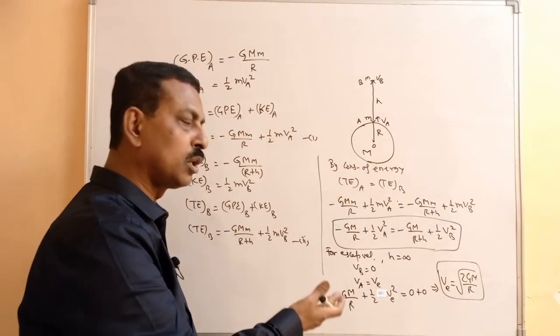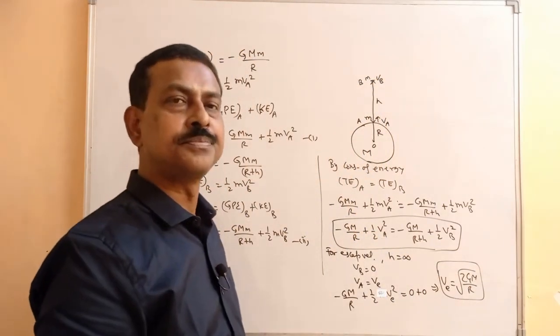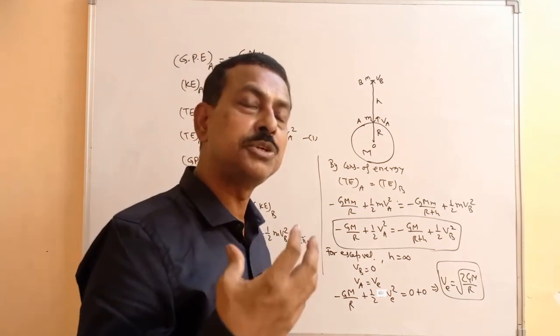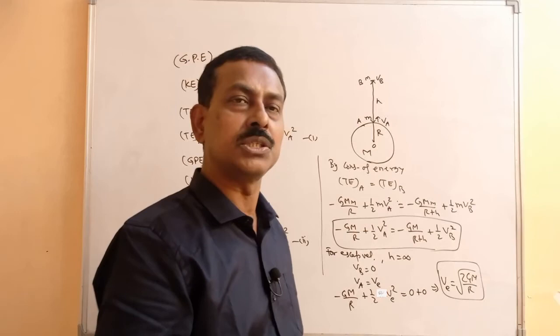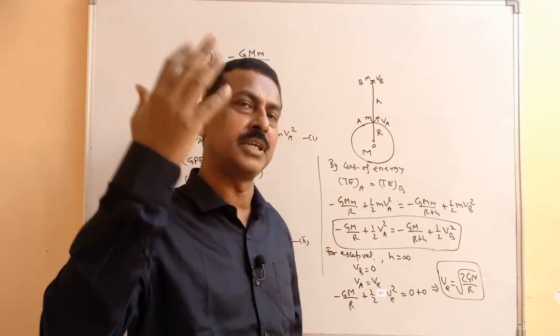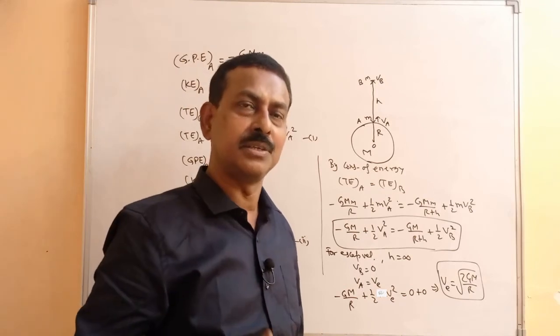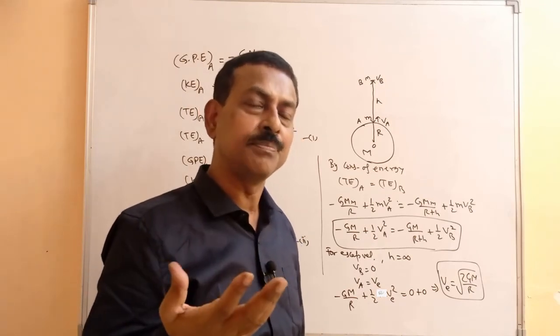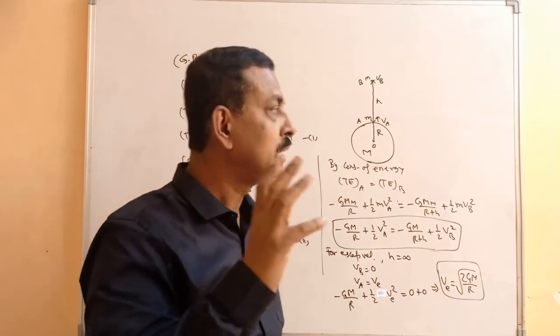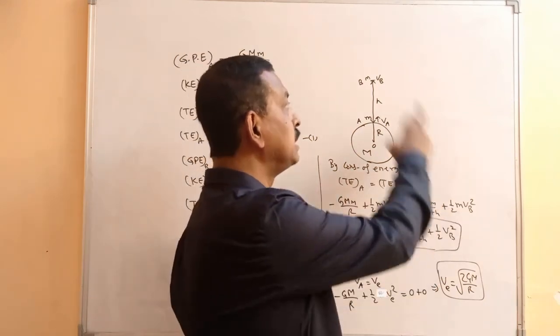So from this also you can easily get, if it is said the body is projected with a velocity which is thrice the escape velocity. Remember, it is already there at infinity. It cannot go beyond that, so it will still be at infinity. But in that particular problem, there will be some kinetic energy even at infinity.